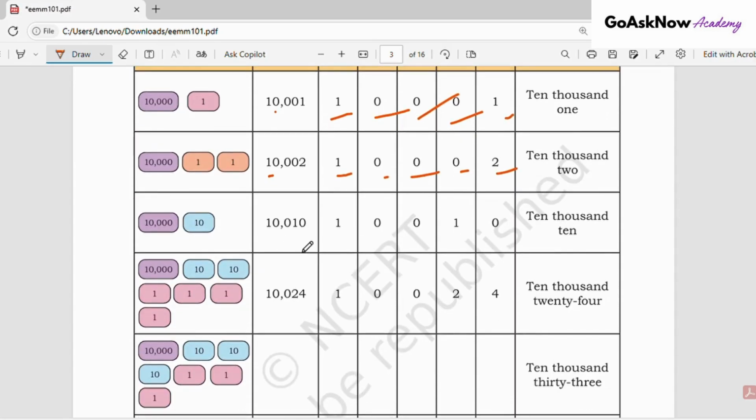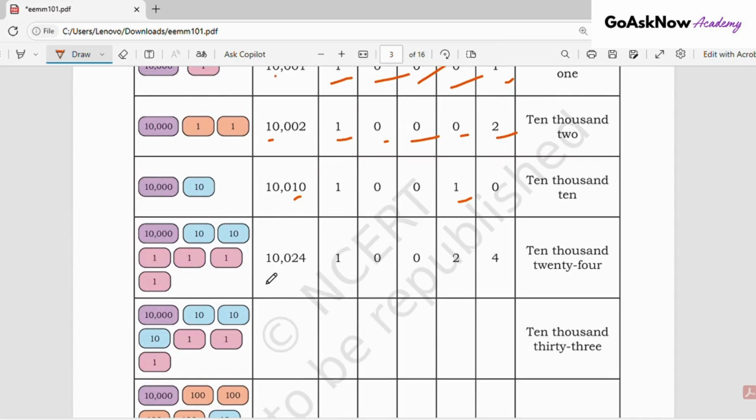Here, 10,010, where the tens value is 1. Here, 10,024. First, the 10,000 value is 1. Then thousands and hundreds are 0. After that, tens there is 2. The ones value is 4, which is 10,024.